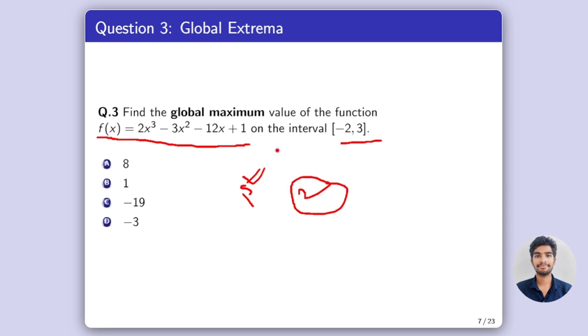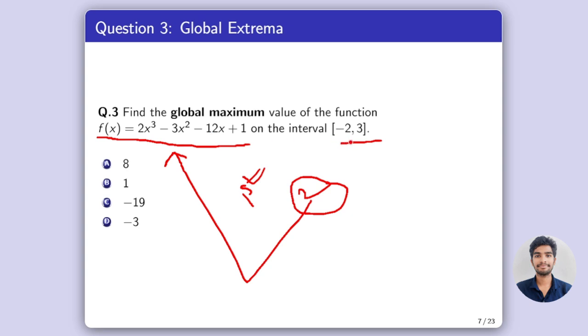Applying these two critical points into this equation, we get two values. What is the highest value? That will be the local minimum. What is the lowest value? That will be the local maximum. At that point we applied the local minimum and local maximum.